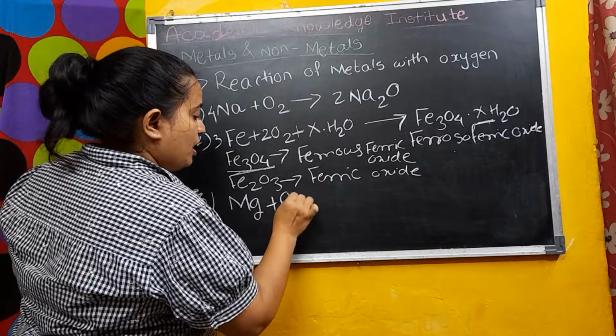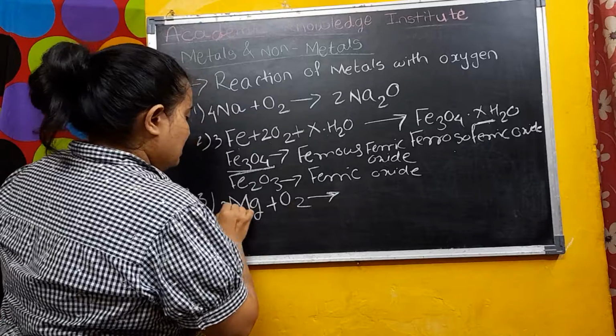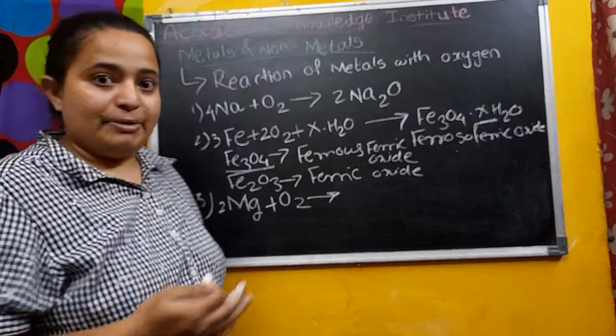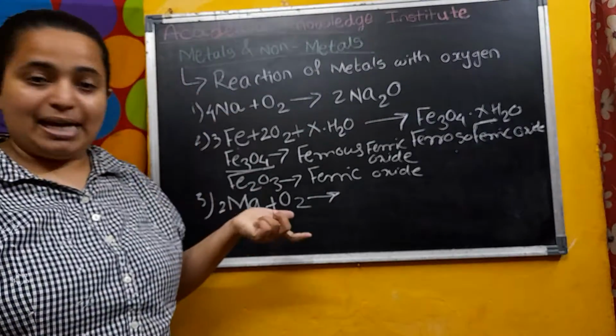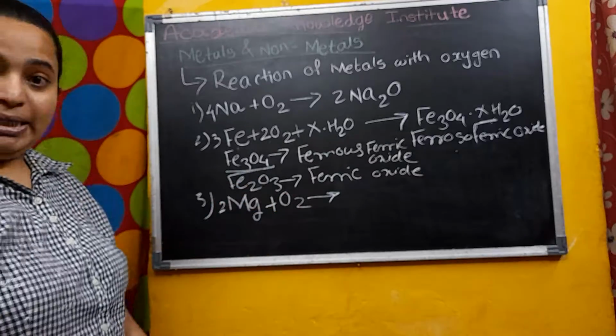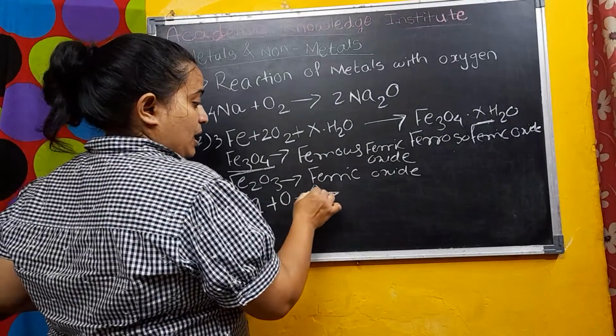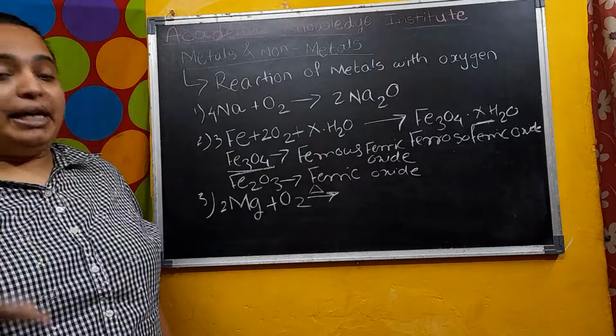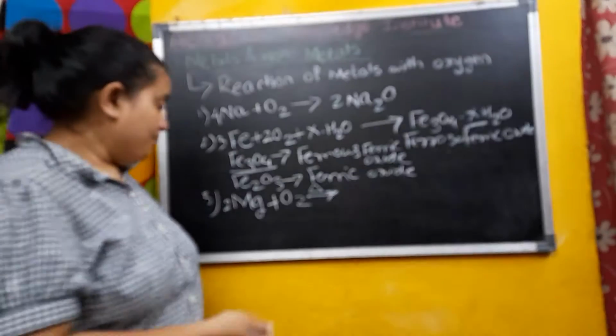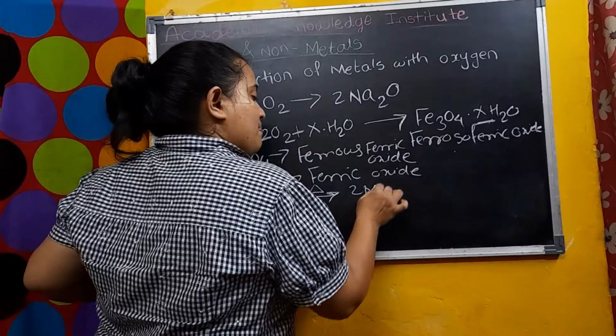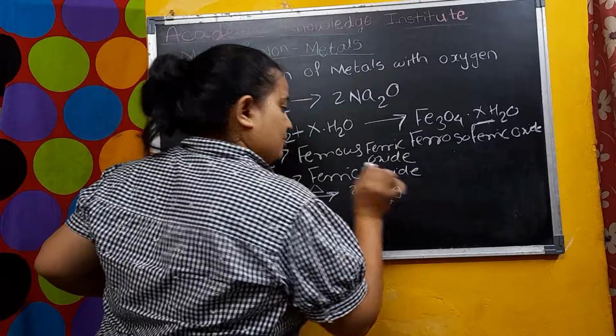Then the third reaction we will see is with magnesium. Magnesium does not react as easily as sodium, so you need to heat it. When heated, it gives heat and light in the air and forms magnesium oxide.